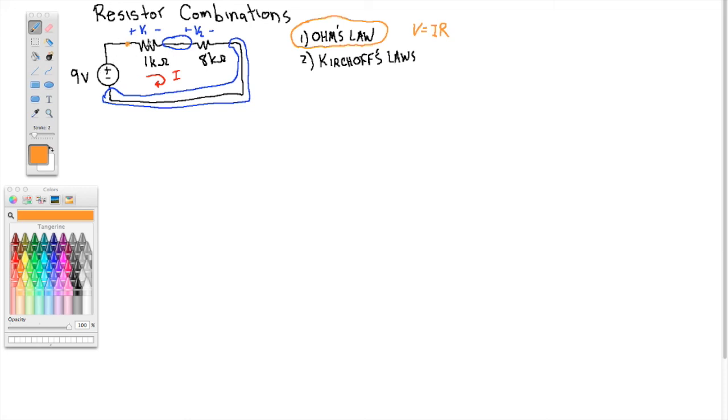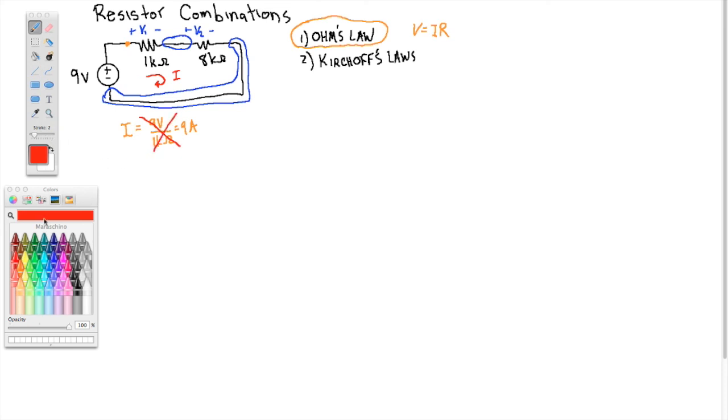And so students are tempted to say, well, the current in this resistor, the 1K, must be 9 volts divided by 1 kilo ohms, 9 amps. That's the current through the resistor I, because there's 9 volts here. Okay? No. Don't do that.